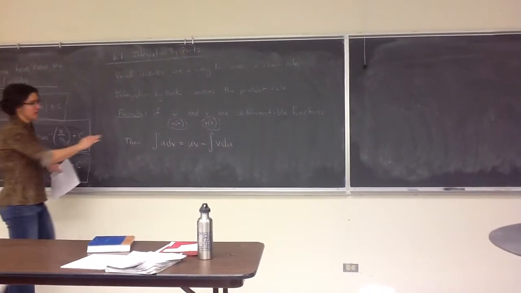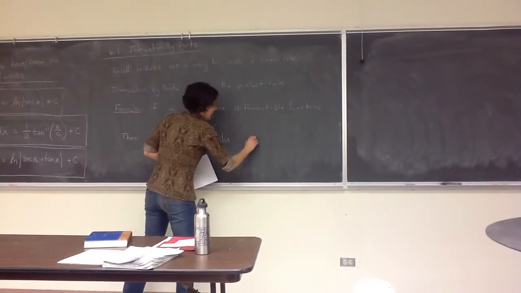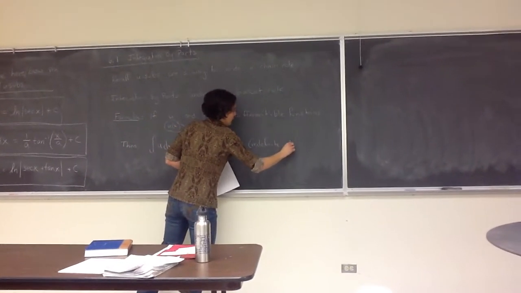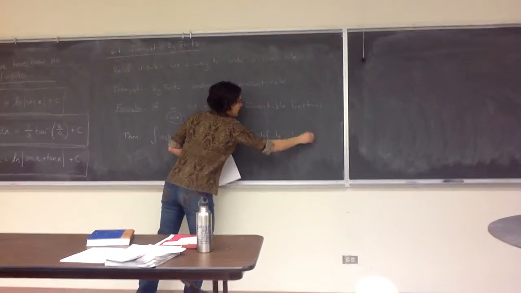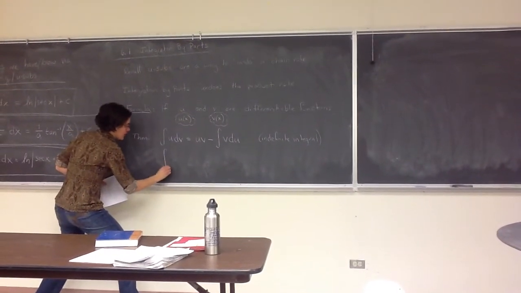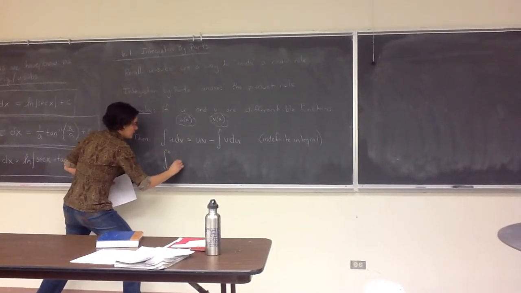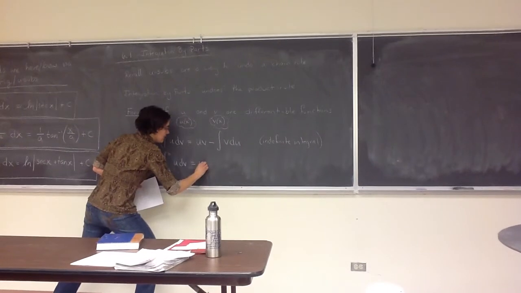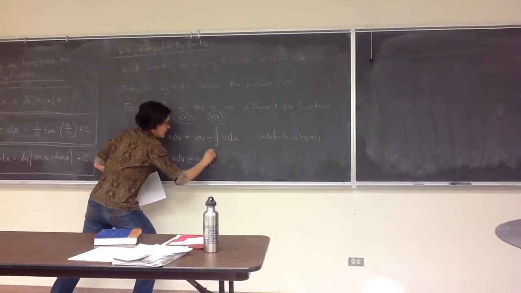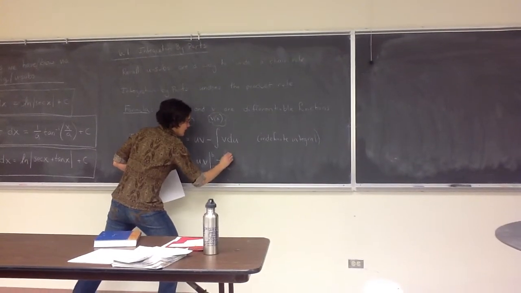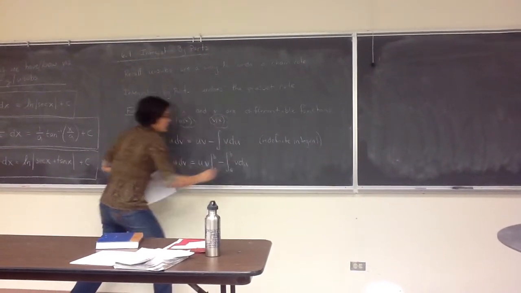And this is our formula for an indefinite integral. And if I have boundaries on my integral, then I have the integral from a to b of U times dV is equal to U times V, evaluated between a and b, minus the integral from a to b of V du. Okay.